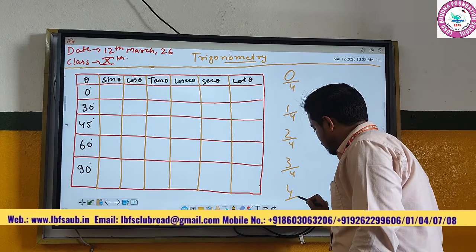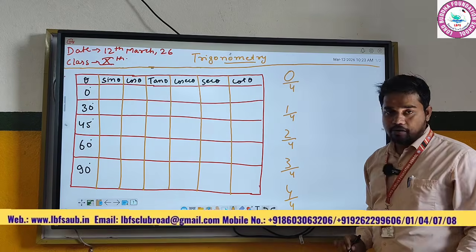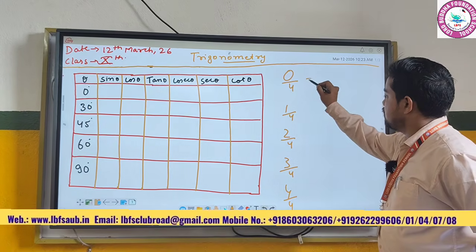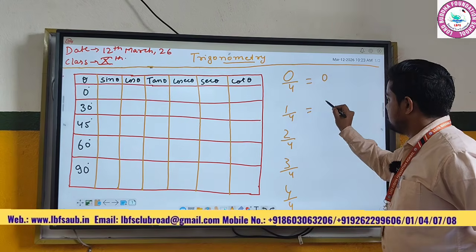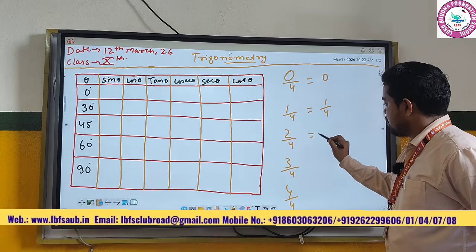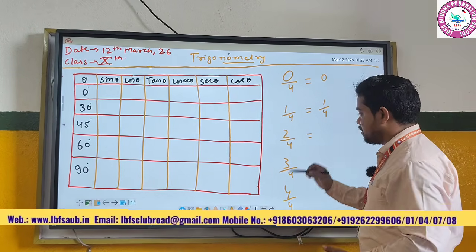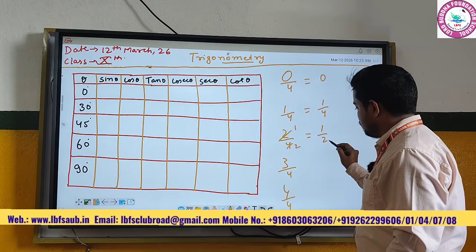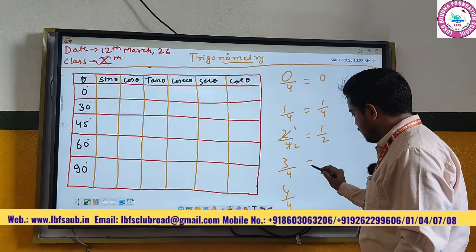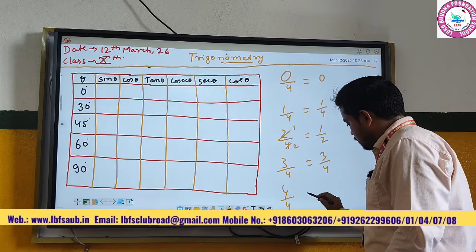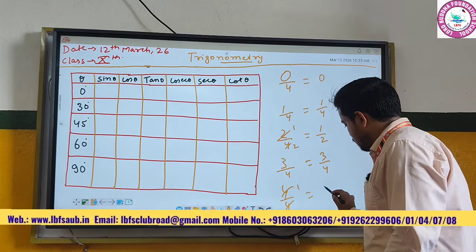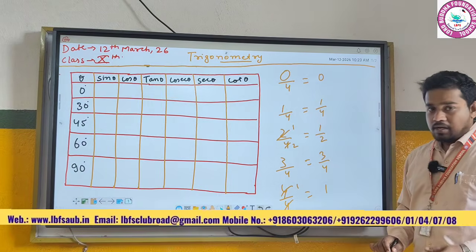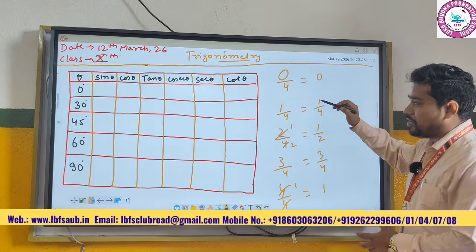The values will be 0, 1 upon 4, and when we solve this, we get 1 upon 2, 3 upon 4 and 1.